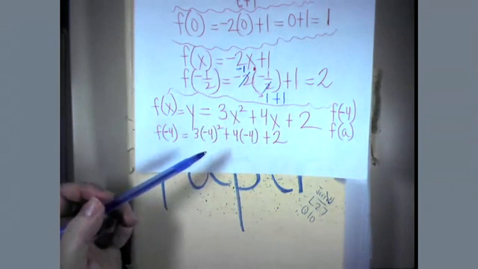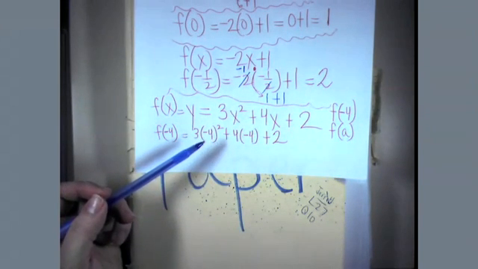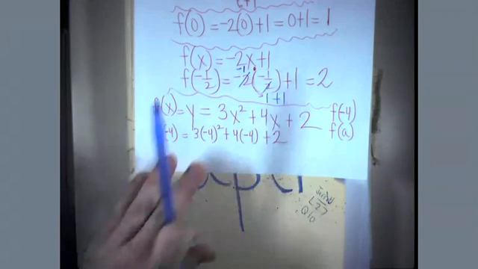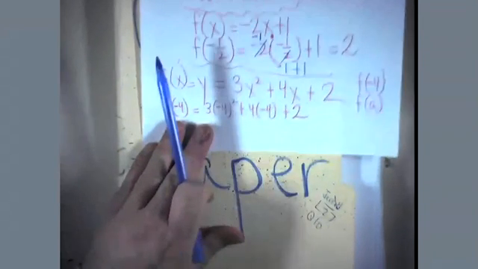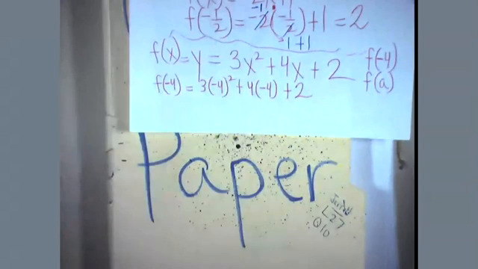Now we have to follow order of operations, so that means do the -4 squared part first. So -4 squared is -4 times -4, and that will give us a positive 16.